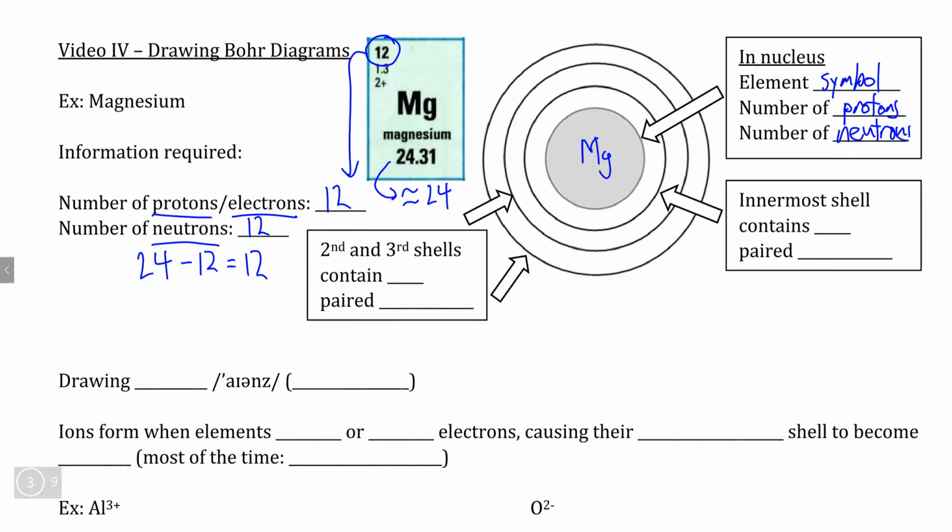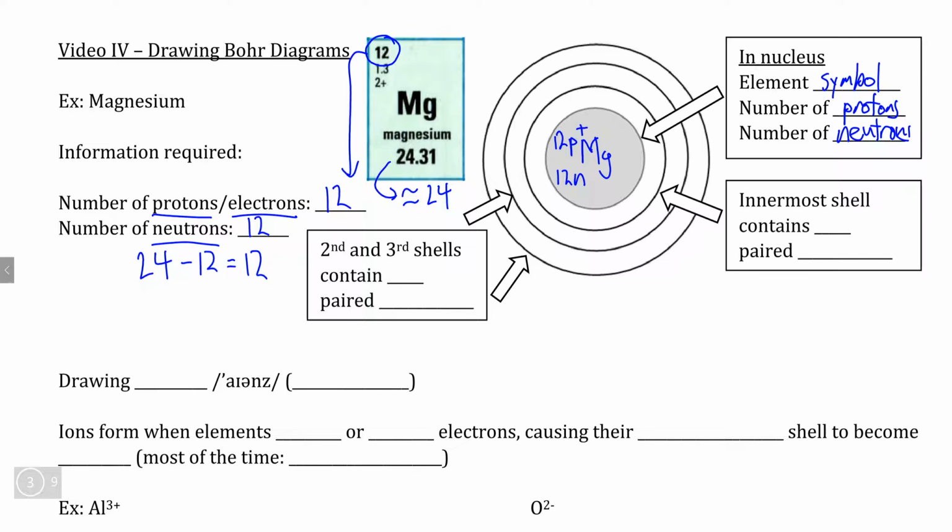So it has 12 of each, so what we can do is write 12p, and we remember that protons are positively charged, so usually we can indicate this with a positive sign here, indicating that because it has 12 protons, it has a nuclear charge of positive 12. And because neutrons don't have charge, all we need to indicate is 12n, and we don't need to write a charge here because neutrons have no charge.